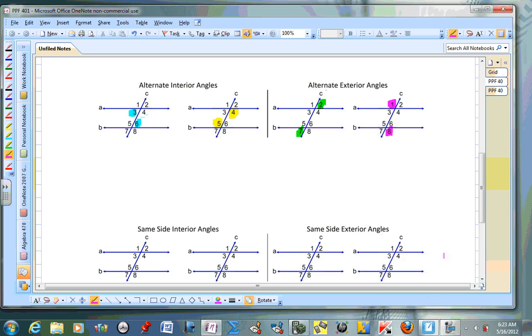So let's make a little note under alternate interior angles. Alternate interior angles are opposite sides of the transversal. And they're interior, so they're inside the parallel lines, or between the parallel lines.